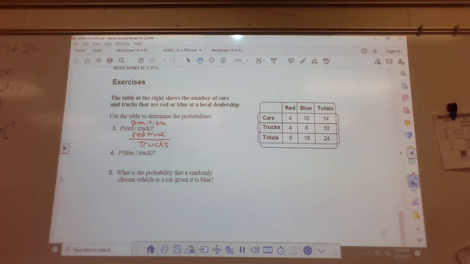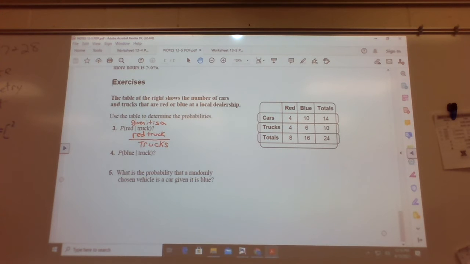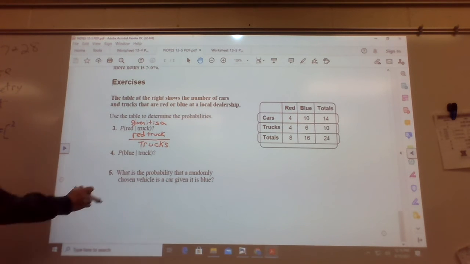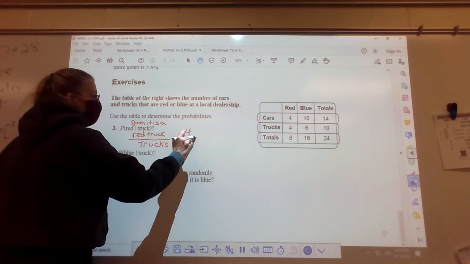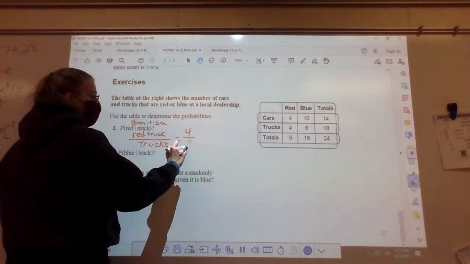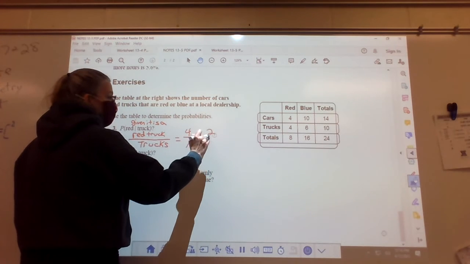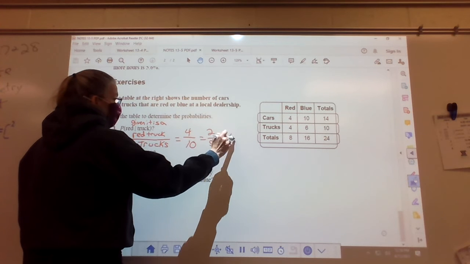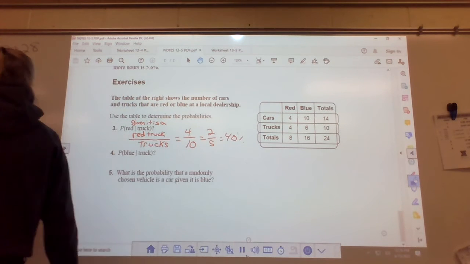So I'm trying to figure out the probability of red trucks out of the trucks. Well, how many red trucks were there? So there was 4 red trucks. How many trucks were there? 10. 2/5, 40%, any of those would be fine.